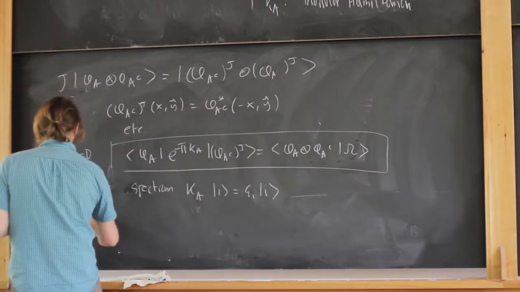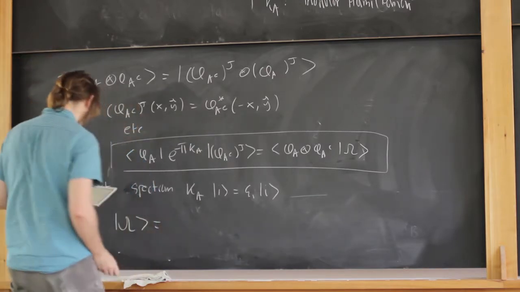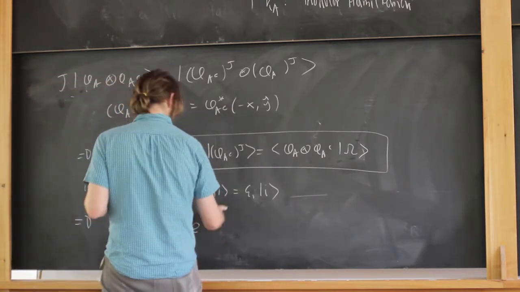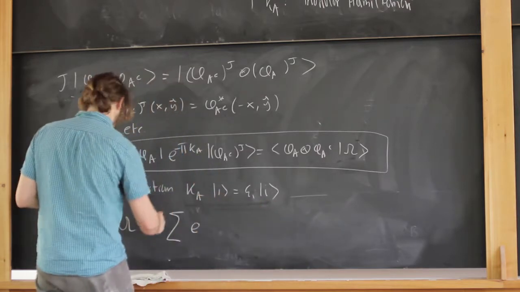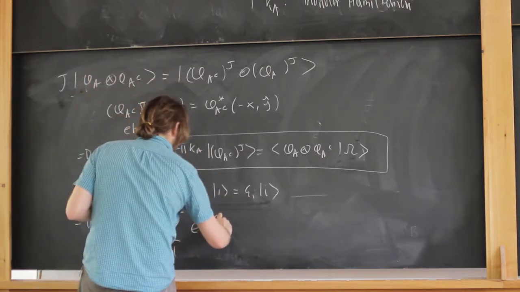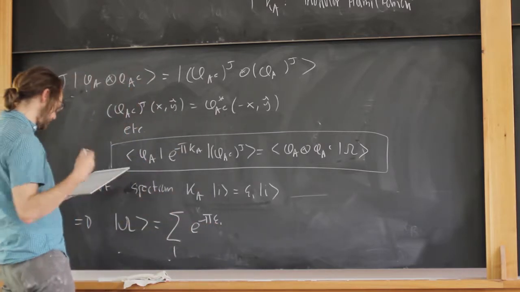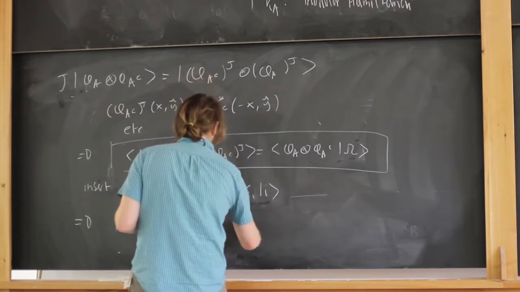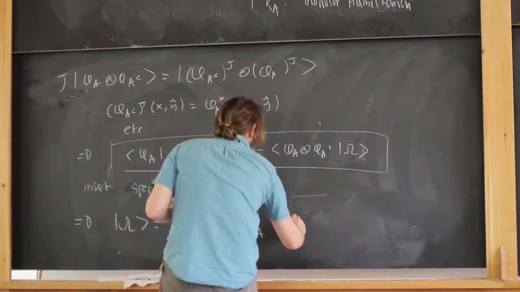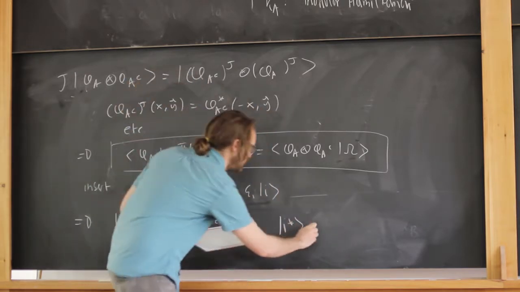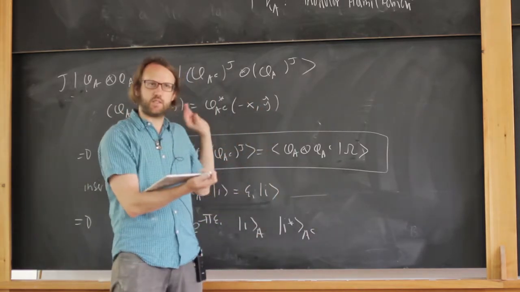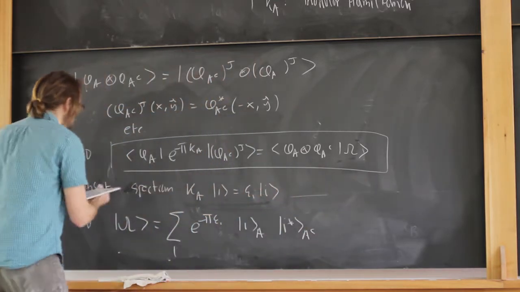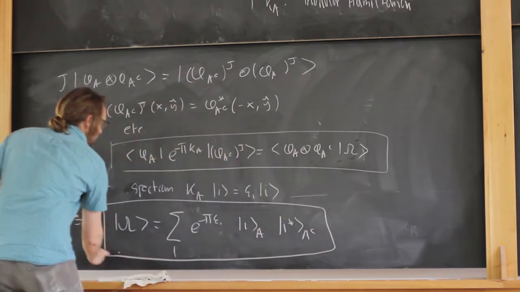And the result is that you can rewrite the vacuum state as a sum over the spectrum of this operator i, e to the minus pi E_i, so this is this pi evolution, times i in A, and then some conjugated i in the complement, and this is just what you get when you act with this anti-unitary operator J. Okay, so this is the vacuum state, written nicely.